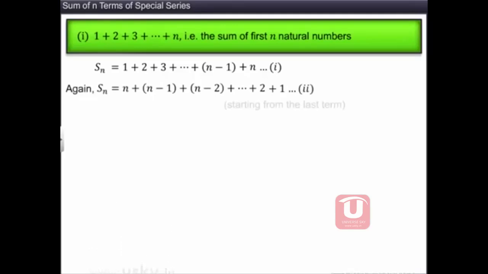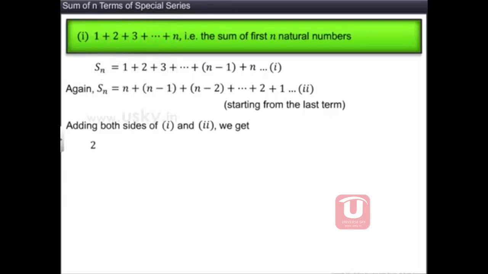Adding both the sides of equation 1 and equation 2, we get 2 times Sn is equal to 1 plus n, plus 2 plus n minus 1, plus 3 plus n minus 2, and so on up to n minus 1 plus 2, plus n plus 1.